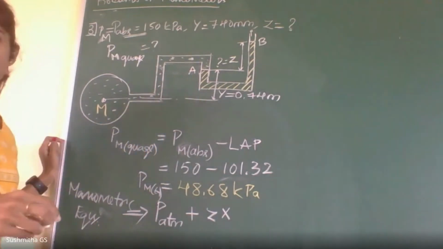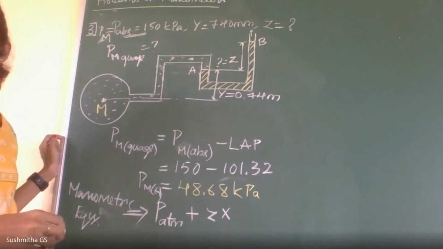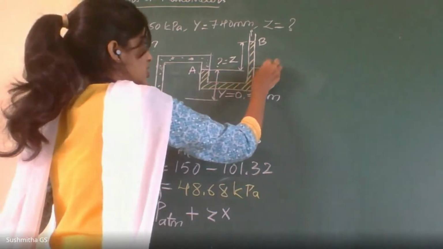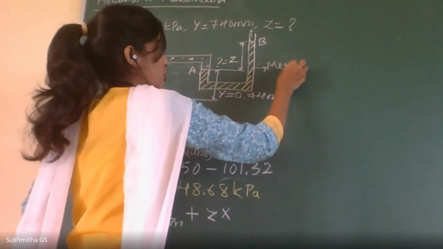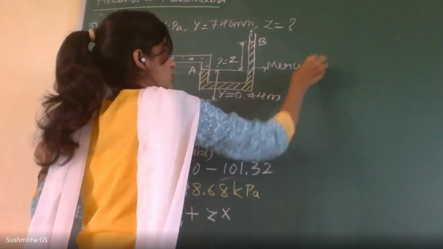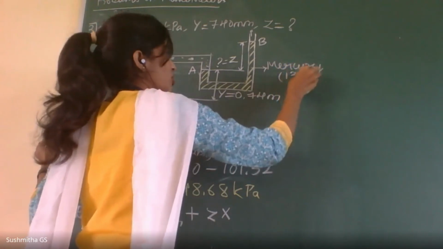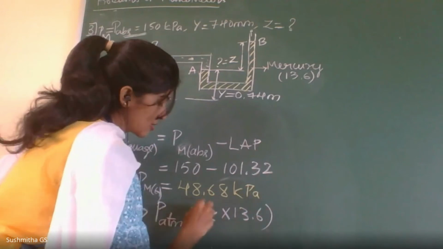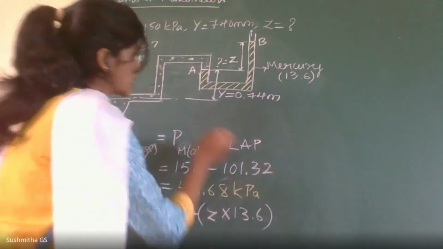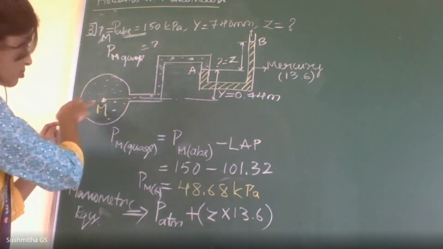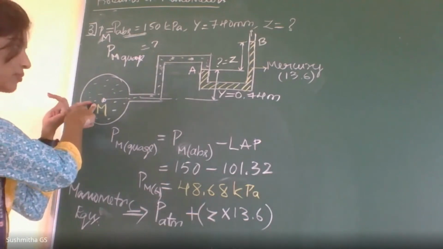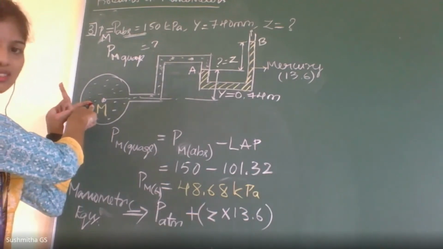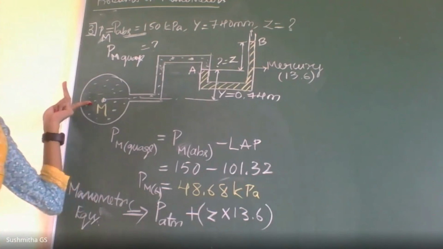What is the specific gravity of this liquid? They have given this as mercury. The specific gravity of mercury is 13.6. So it is Z into 13.6. Next, from A we move to point M. Is point M below or above?